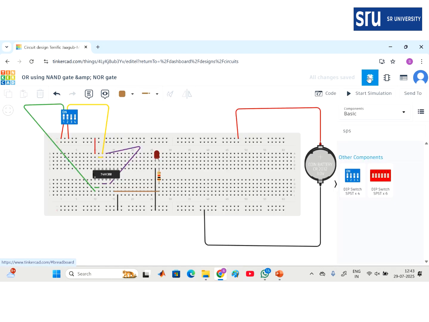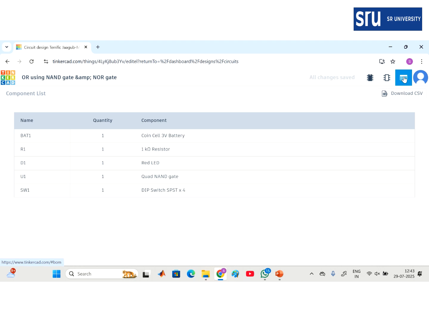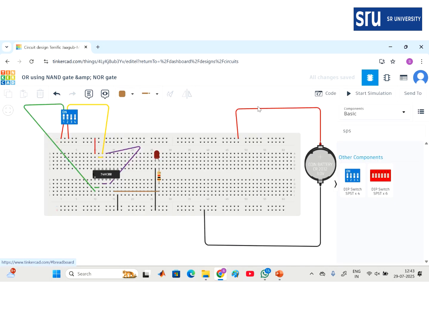Alright, the components we have used are a cell, resistor, LED, quad NAND gate, that is only one IC is required, and an SPST switch, right? So this is how we convert the NAND gate into an OR gate.